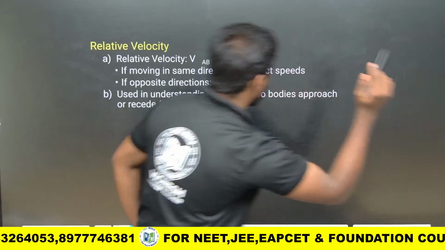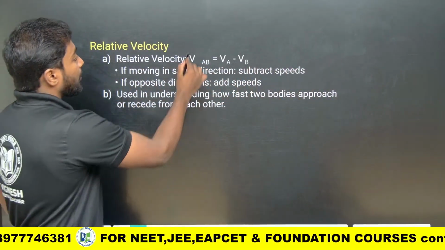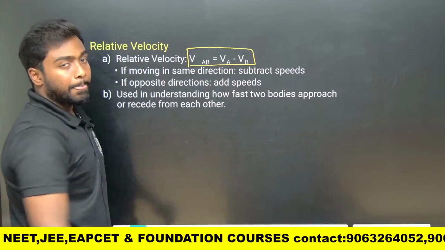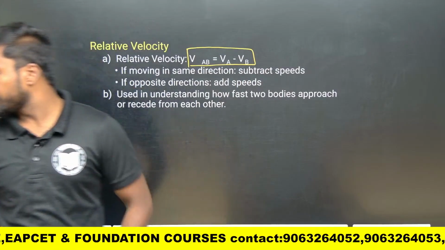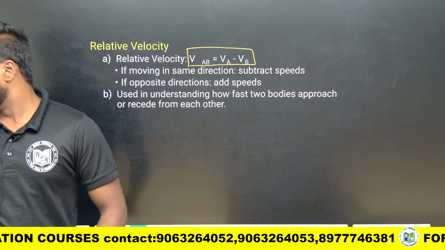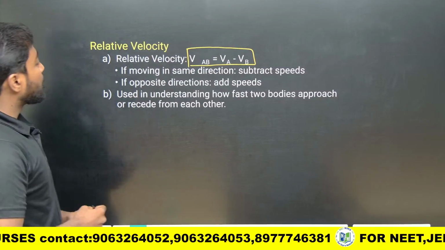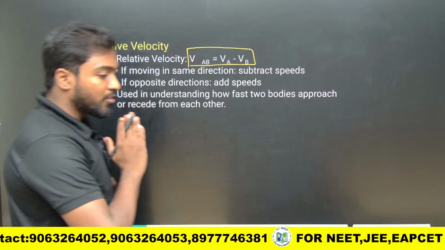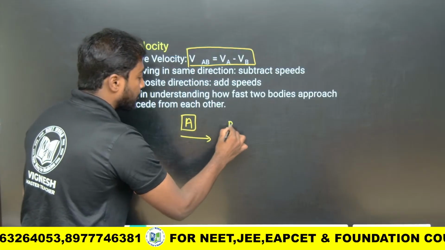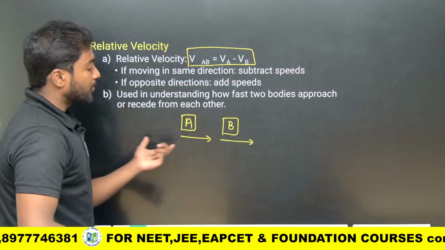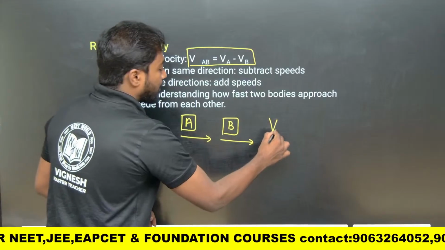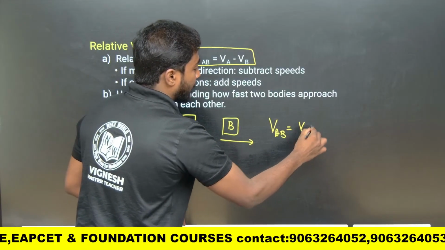Next thing, relative velocity. As I said, velocity of AB is equal to velocity of A minus velocity of B, that is velocity of A with respect to B. If the object is moving in the same direction, A moving like this, B also moving like this, I will subtract the speeds: VAB is equal to VA minus VB.